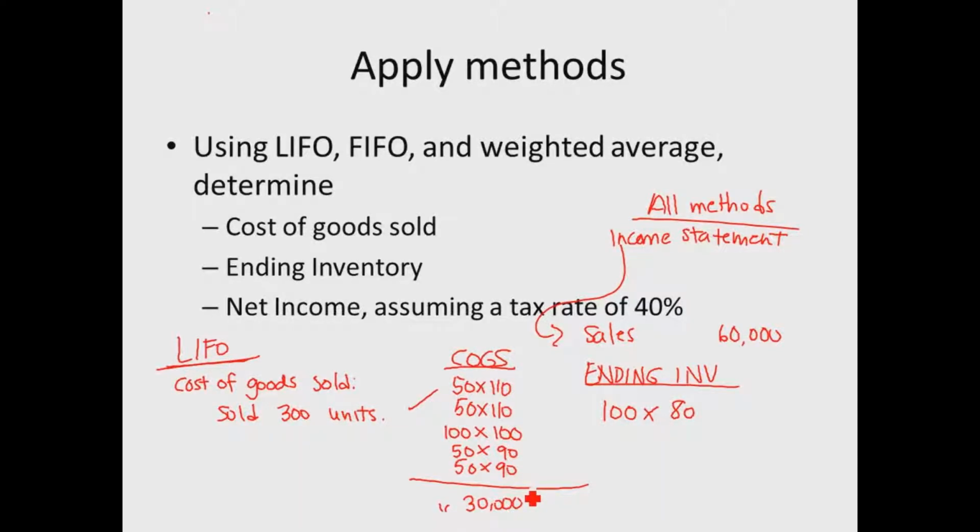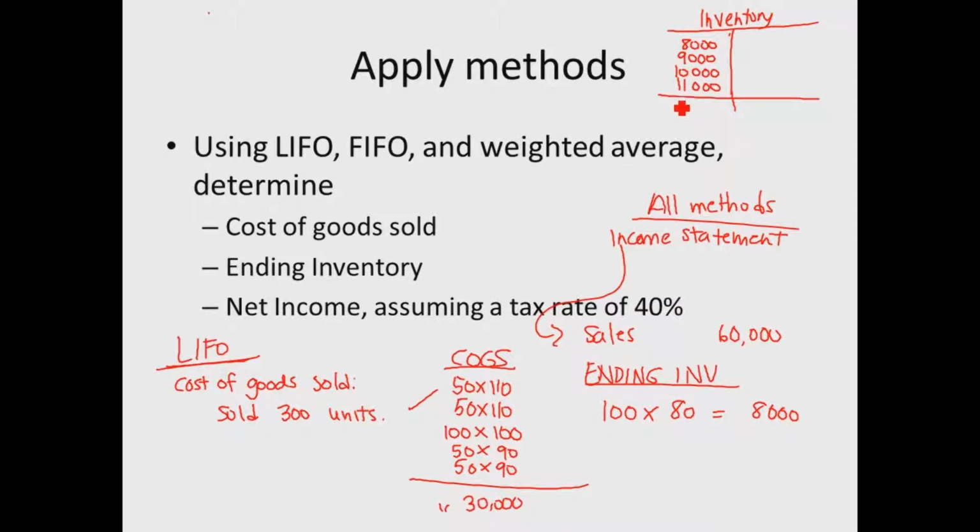Now, here, what is my ending inventory? If I say my inventory was originally, I purchased 8,000, and then I purchased another 9,000, and then I purchased 10,000, and then 11,000.